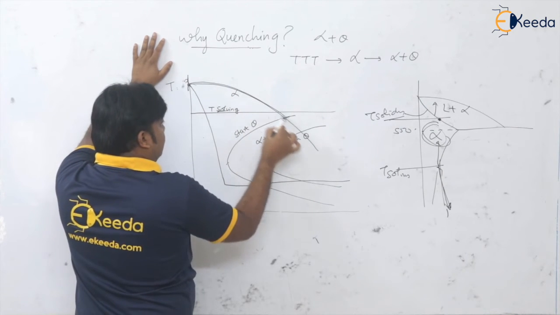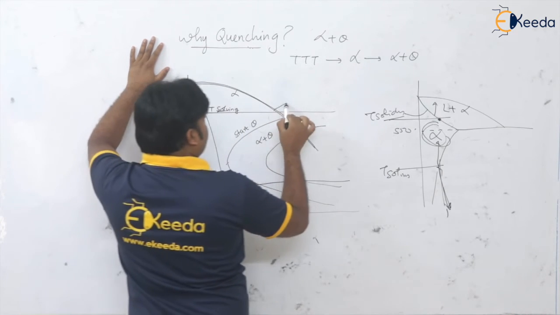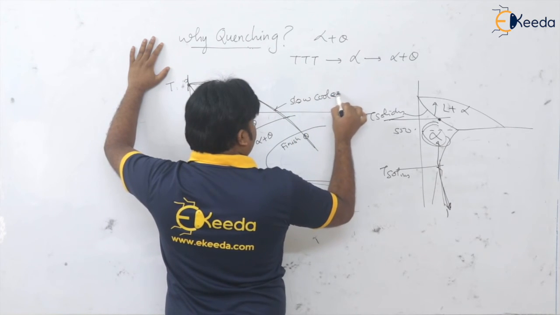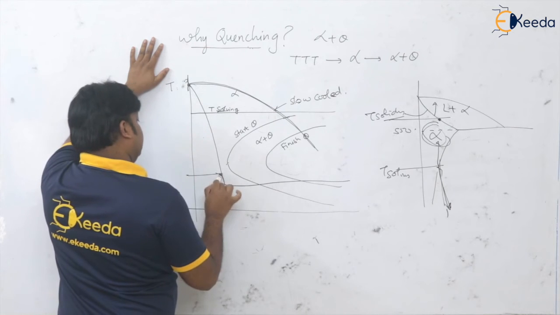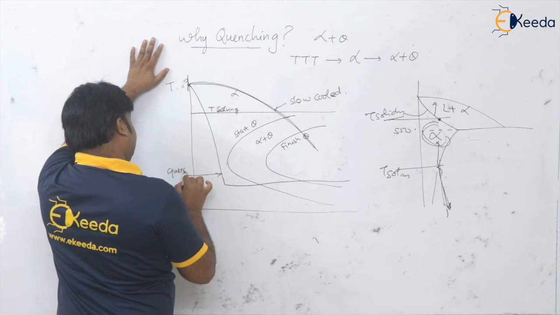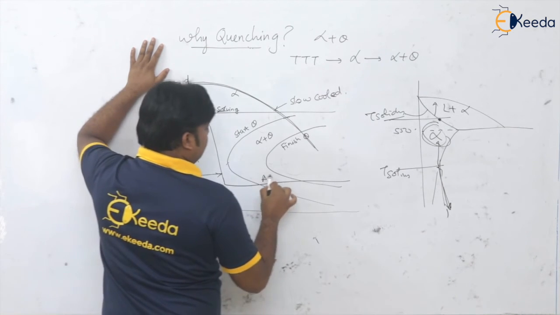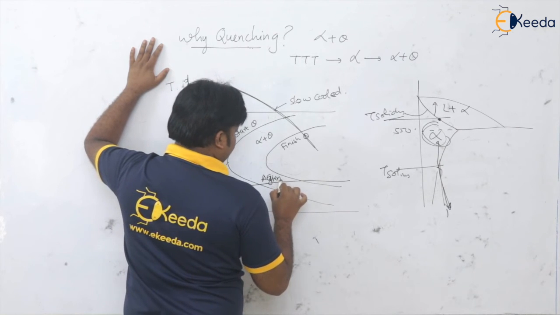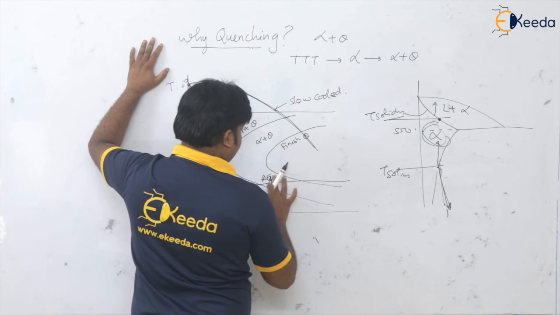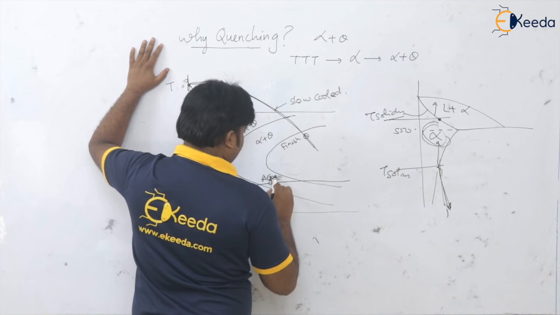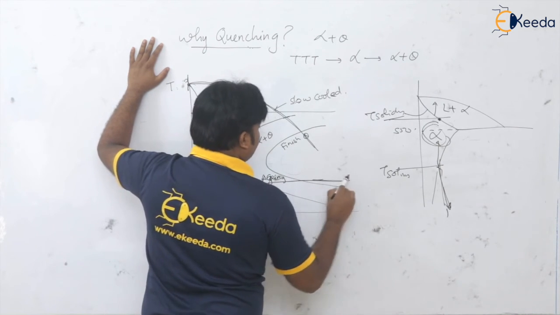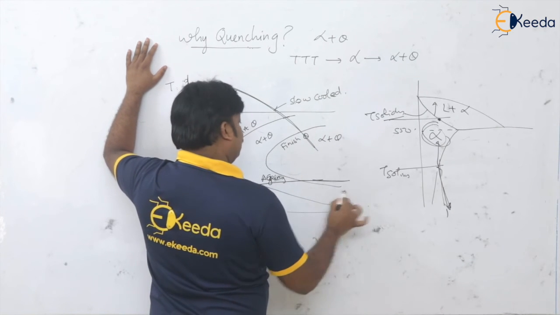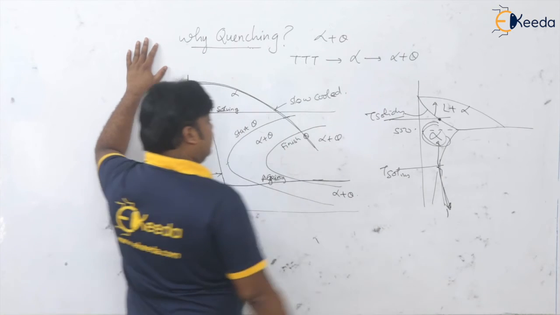Either I have this slow-cooled alpha, or this quenched alpha, which then undergoes aging. So here also we get alpha plus theta, and here also we get alpha plus theta.